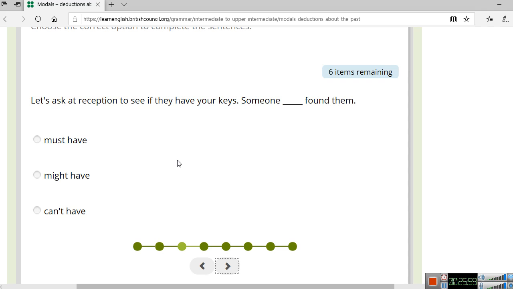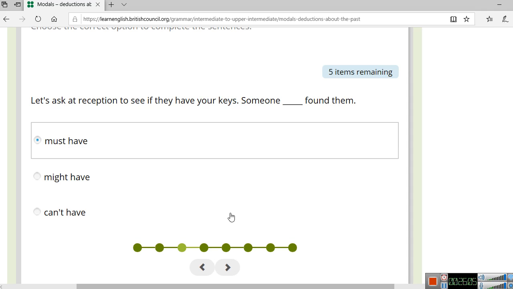Teacher, I think that this must have. Okay, and why do you think that's the option? Because it's a big probability that the people who is talking the sentence found the keys. For me.